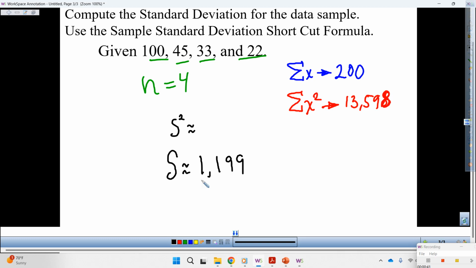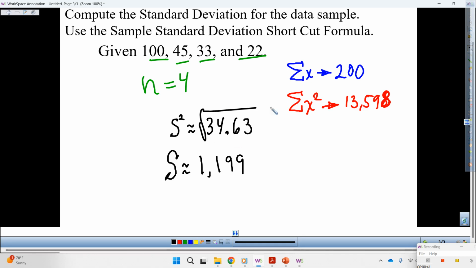Which means the number before you square root to get the standard deviation. 34.63 for the variance.